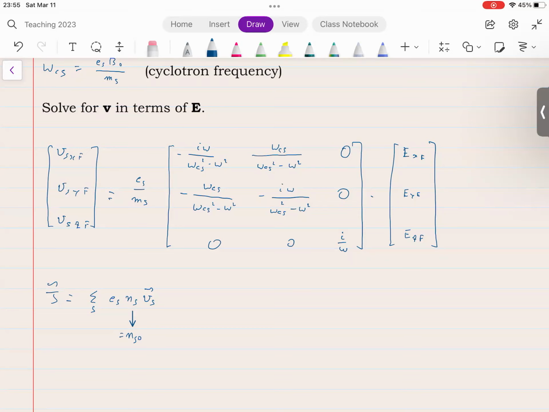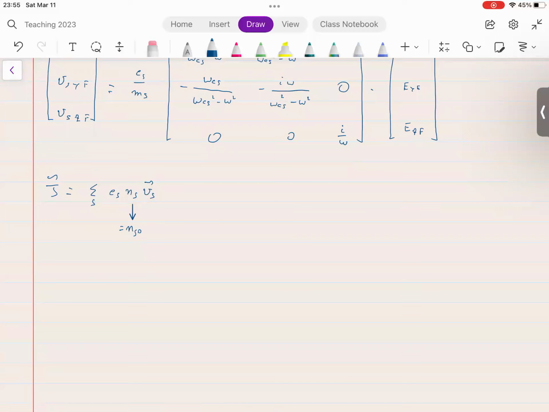And now I'm going to introduce a shortcut, or shorthand rather. It's just that it is not used in the textbook. I'm going to call this, let me use capital lambda.